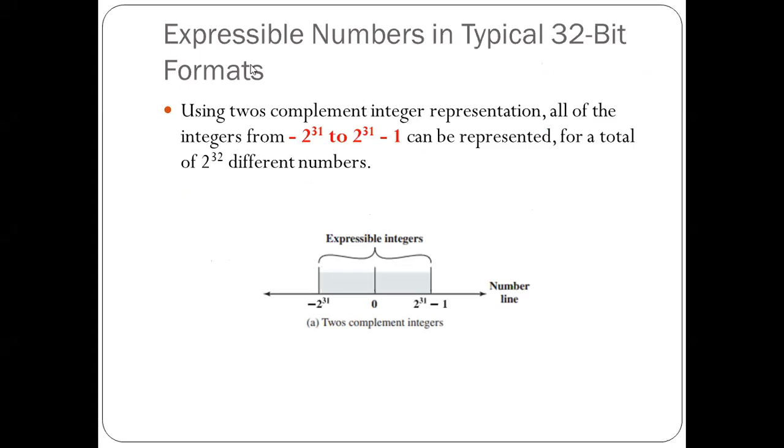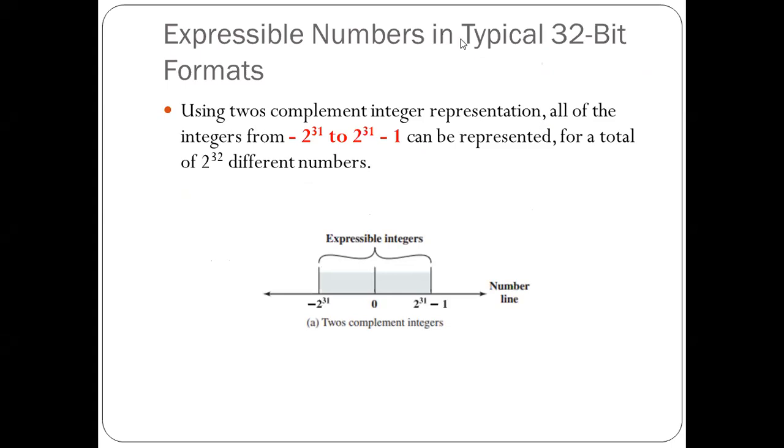So now expressible numbers. We were comparing the range of numbers that we can represent for fixed point, and we are now comparing with floating point. Let us see integer representation, where our numbers can take both positives and negatives: 2's complement integer representation.